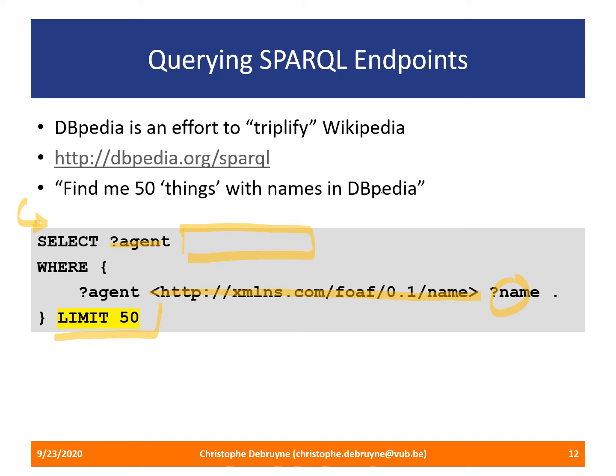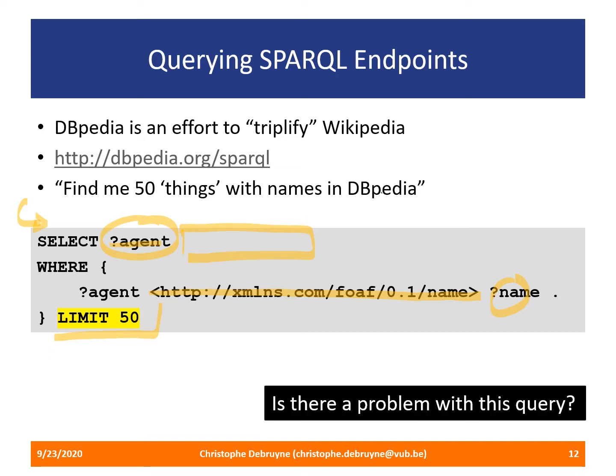So we hope that we would obtain 50 resources that would be bound to that variable. And in the case of a resource with a URI, we will get the URI. In the case of a blank node, we will get an internal identifier.